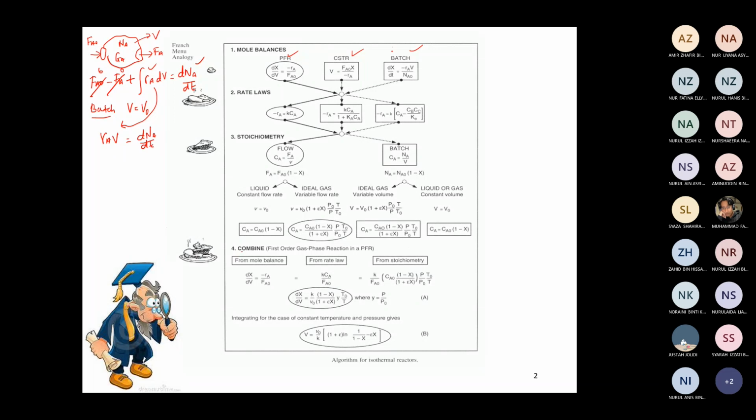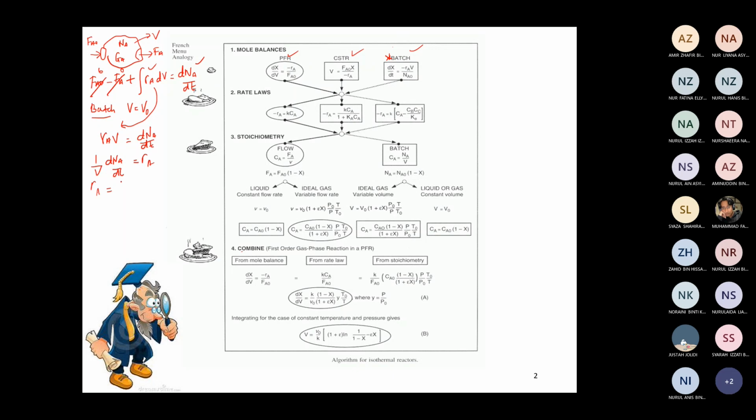So how do we get this equation? You need to have a differential equation in terms of dX over dt, so you have to expand this equation. From here, we put on one side 1 over V dNA over dt is equal to RA. You can expand it, I'll make it clear so you don't get confused.